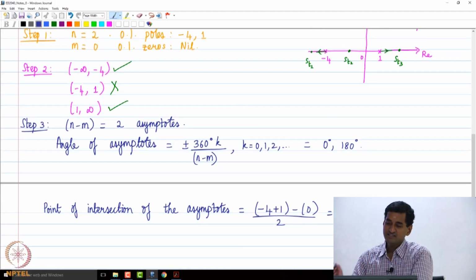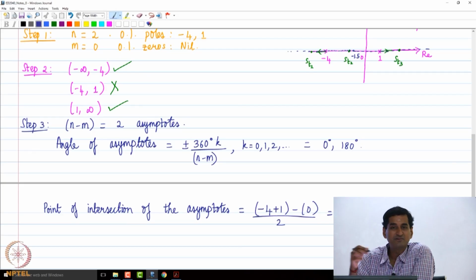So what this really means is the following. Let us say I have minus 1.5, the two asymptotes are just going to be along the real axis, one along the negative real axis, one going towards the positive real axis. Those are the two asymptotes.